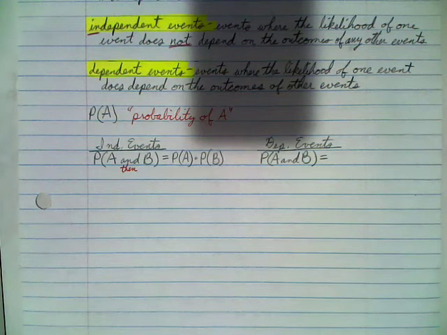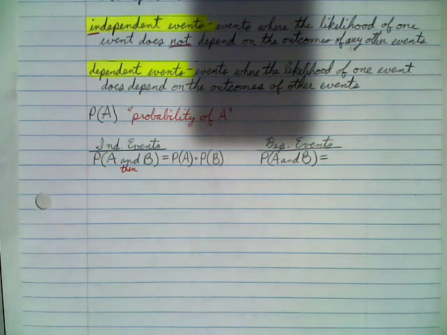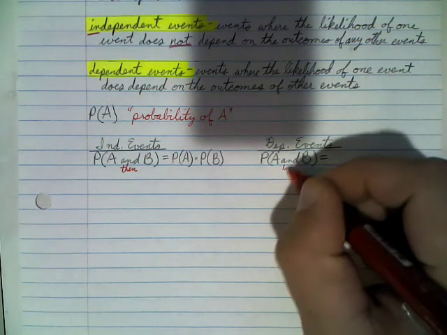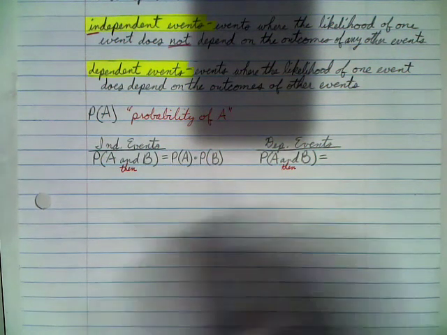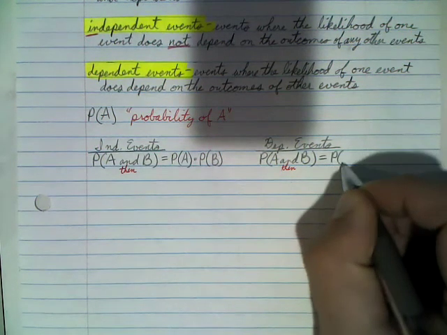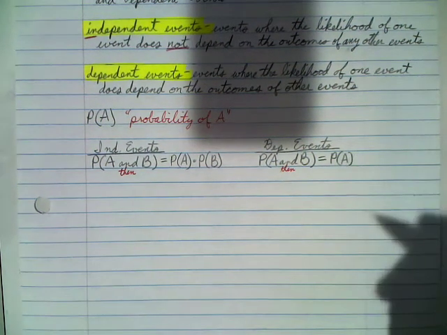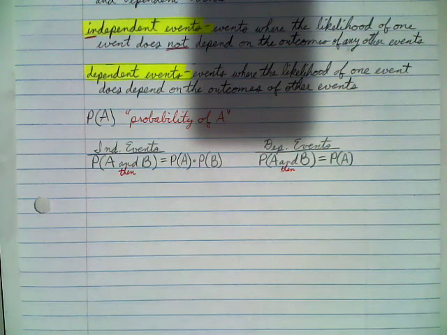For dependent events, this one's a little trickier. So again, we think of this "and" as a little bit more of a "then." So A happens and then B follows after it. It starts off the same. We're still going to find the probability of A. So assuming A is the first event, the thing that would chronologically happen first, well then, that's just going to be plain old probability of A. There's nothing that happened before it to affect its probabilities.